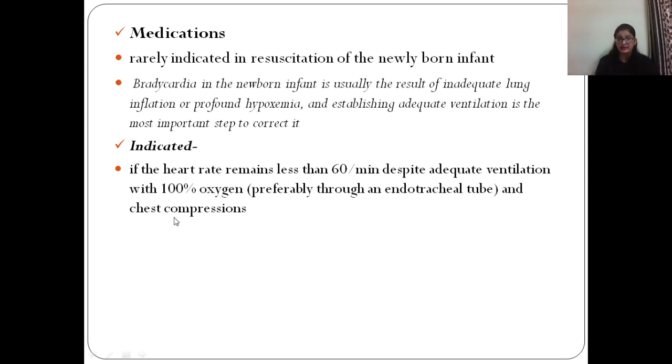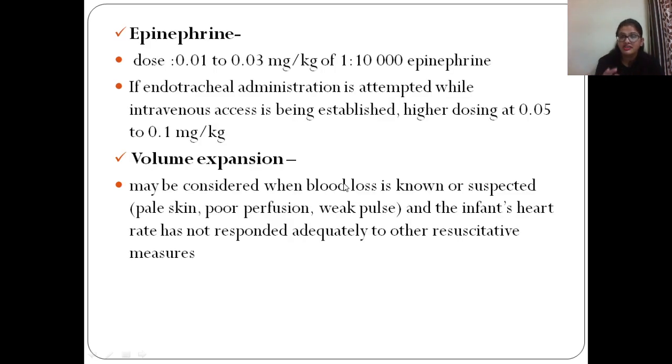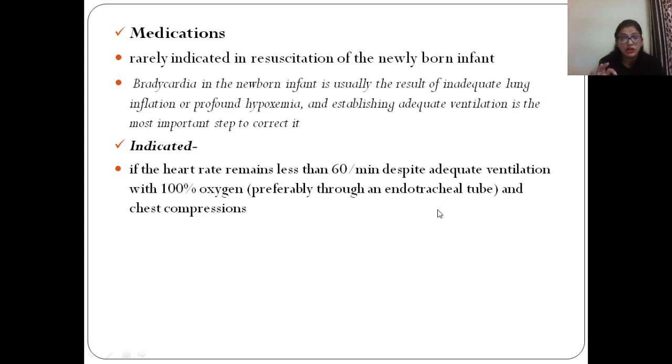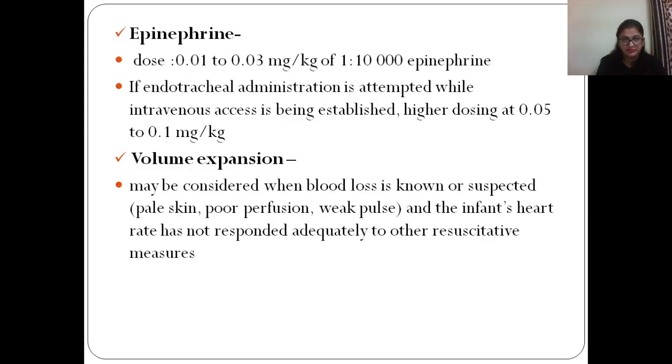But it is indicated if the heart rate remains less than 60 per minute despite adequate ventilation with 100% oxygen. Medications are preferably administered through the endotracheal tube. So basically, medications are indicated if the heart rate is less than 60 per minute despite adequate ventilation with 100% oxygen, which is given through the endotracheal tube, and chest compressions.